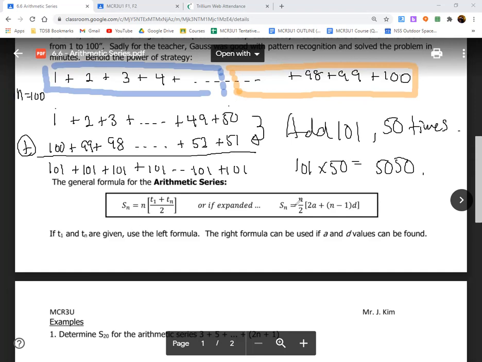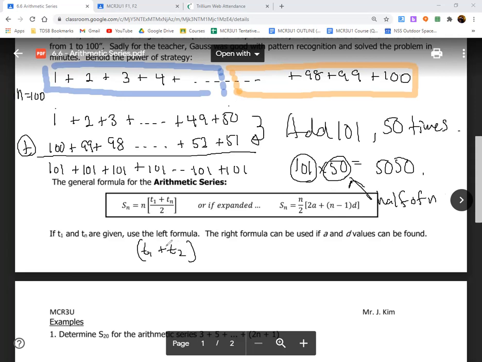And so this is where we get our formula. Let me try to write this out just to tell you where this comes from. Do you notice how I am adding essentially the first term and the last term? So this is T1 plus Tn. And then I am multiplying by 50, which happens to be half of n, half of 100.